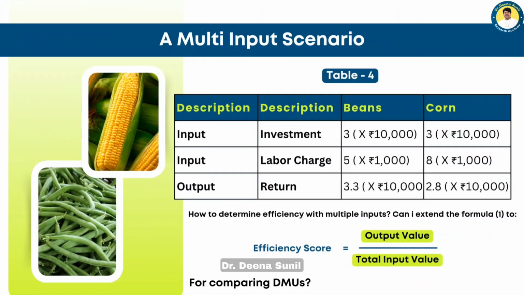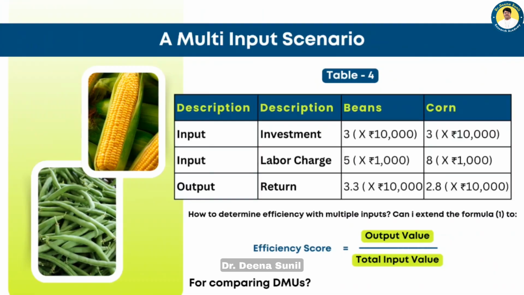Next, this is very interesting, because it is a multi-input scenario. What is a multi-input scenario? Now just look at the table. Here there are two inputs. One is the investment and another one is the labor charge. Output is the return, whose type is currency.